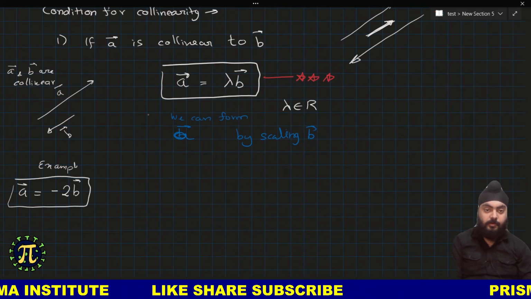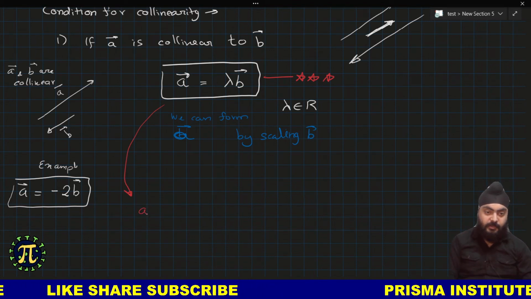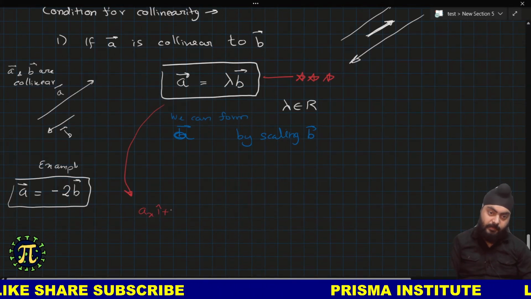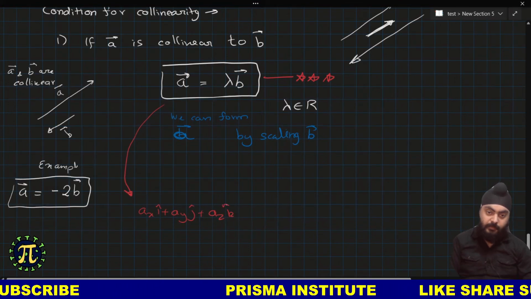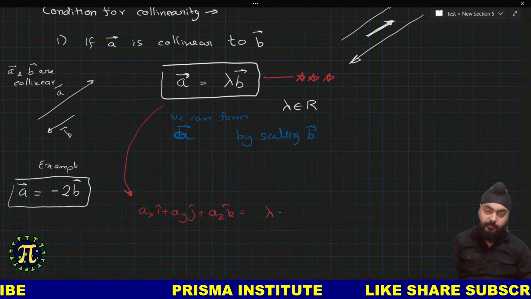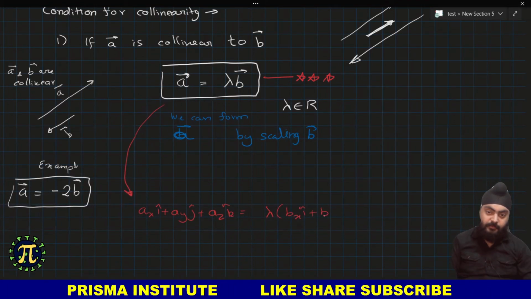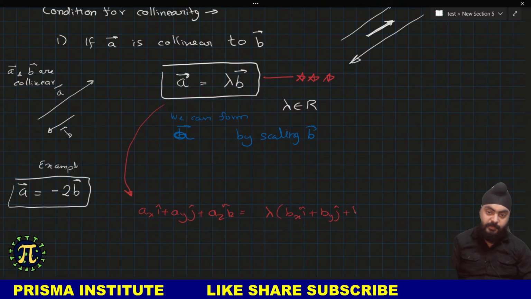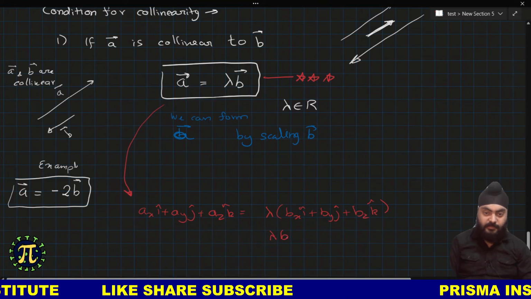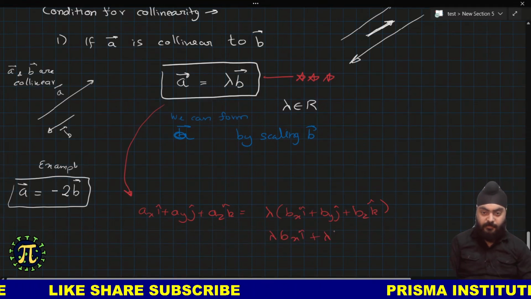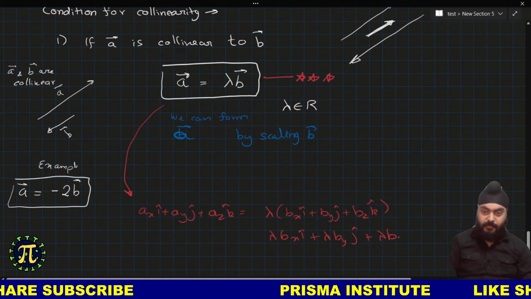But if we look at it in the component definition, this means, let's say ax i cap plus ay j cap plus az k cap is equal to lambda times b vector, which is bx i cap plus by j cap plus bz k cap, so which is lambda bx i cap plus lambda by j cap and lambda bz k cap.